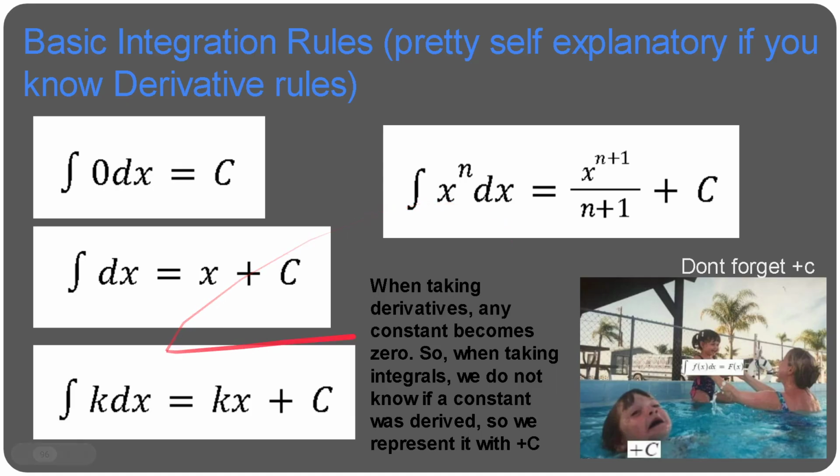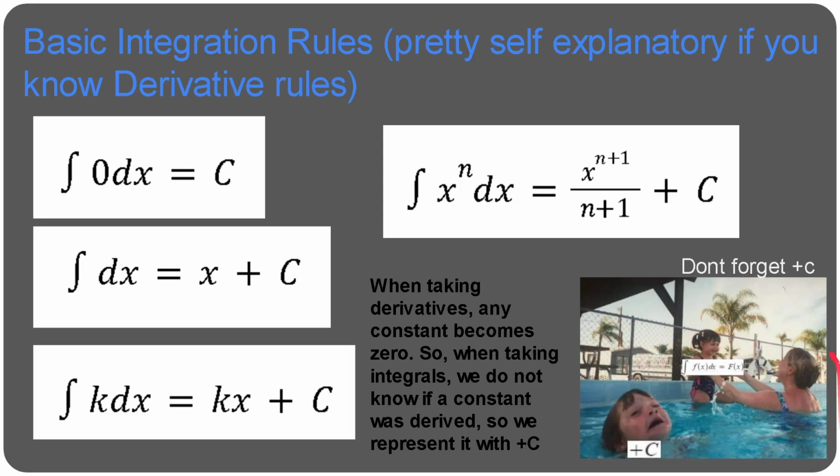But c is what we use to make sure that we are representing the antiderivative property properly, because you could have some constant that you take the derivative of, and it just goes away. And then when you integrate that, you have no idea if there was a constant there. So yeah, don't forget plus c.